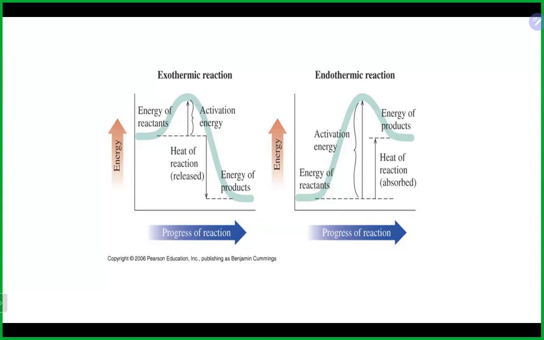So when we look at the one on the left here, which is exothermic, these are our reactants, which once again, as I mentioned before, is your starting material in a chemical reaction. And products is what is formed as a result of that. And over here, we have our products. When we look at the energy location of our reactants to our products in this case, we see that reactants are actually higher in energy than our products.